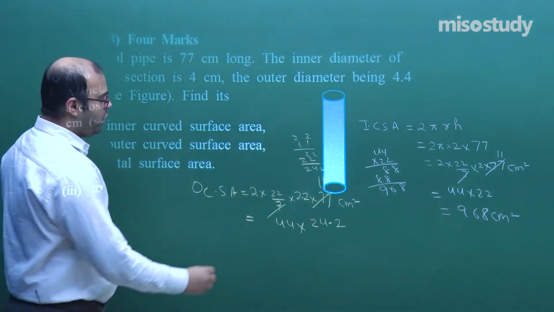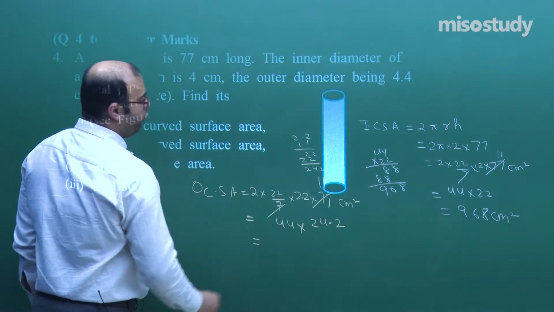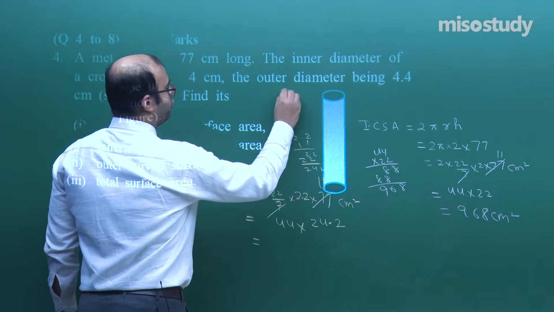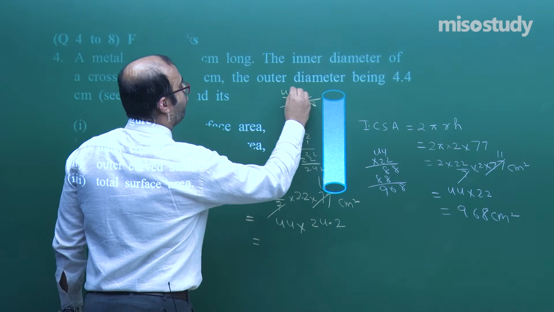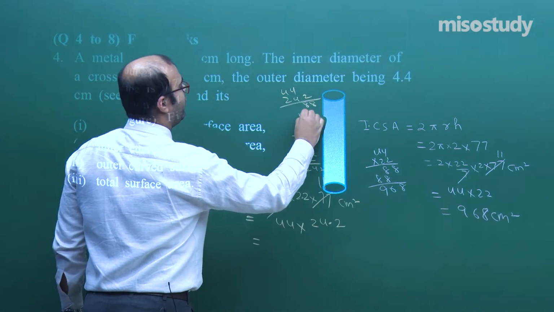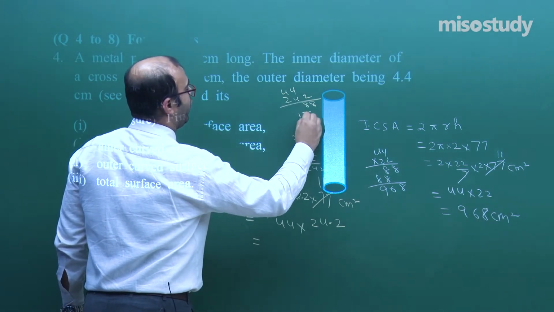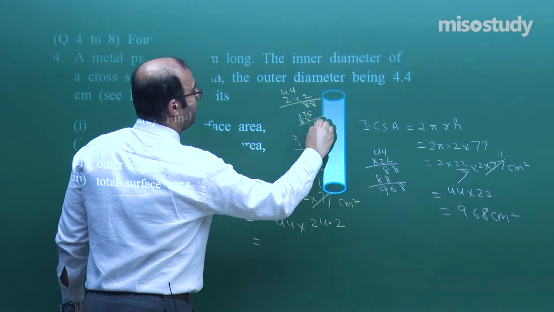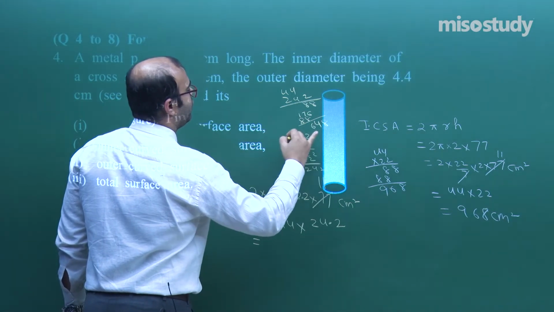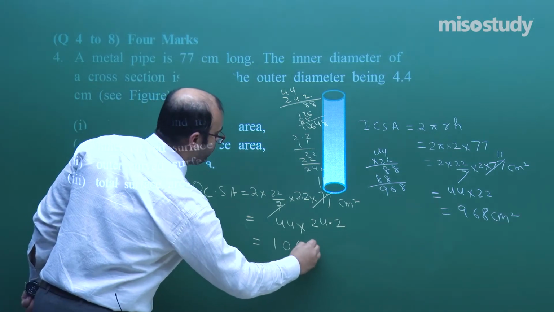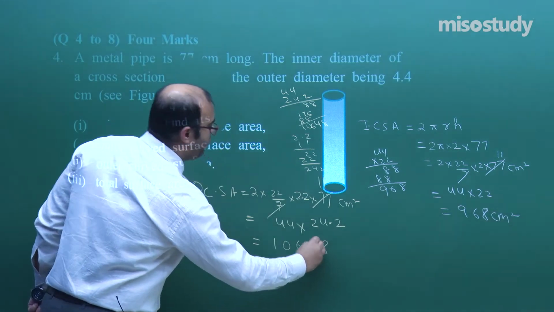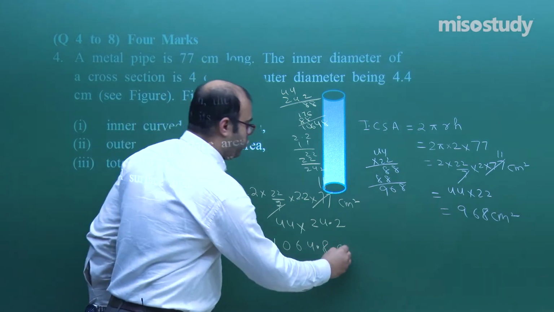Okay. Now, let us multiply these two. 44 into 24.2 is 1064.8 centimeter square.